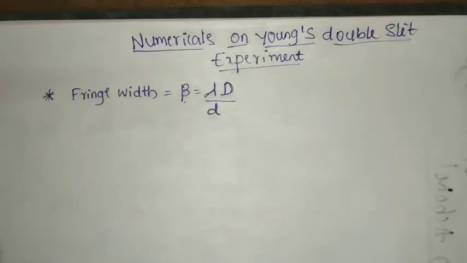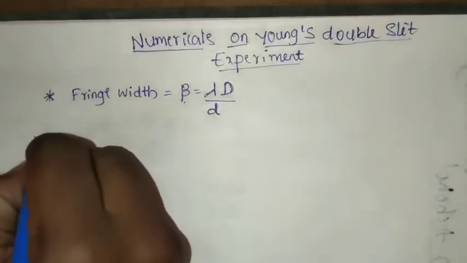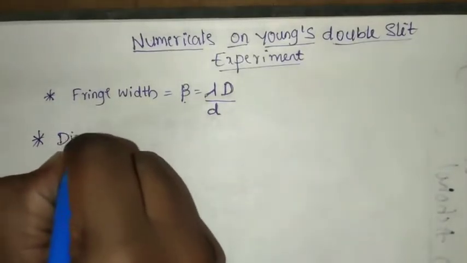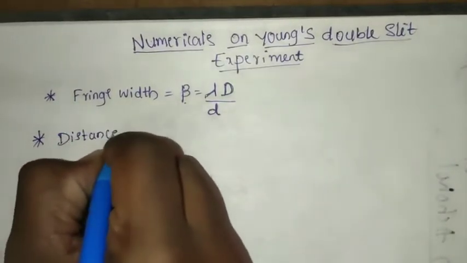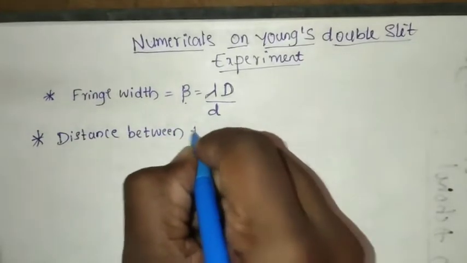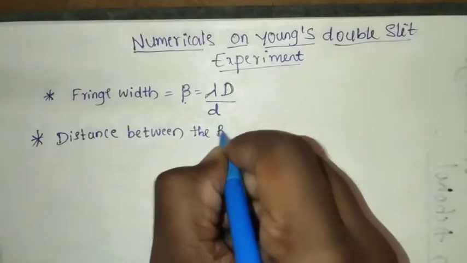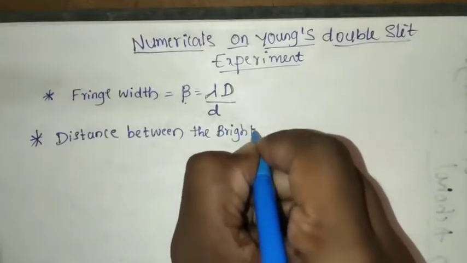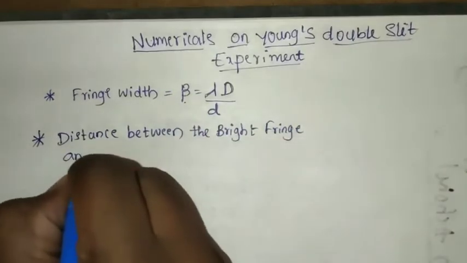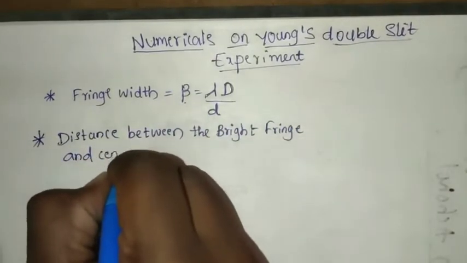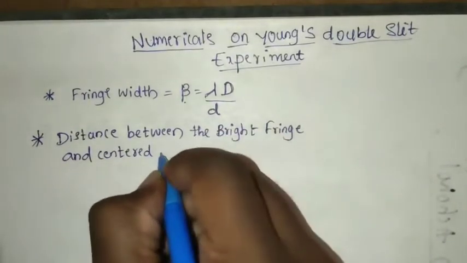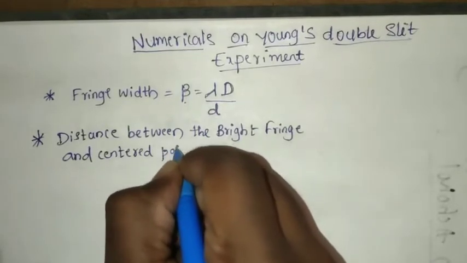Next, an important formula is the distance between the bright fringe and the central line.